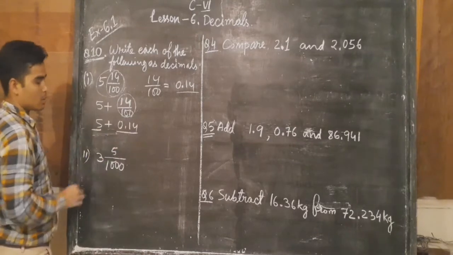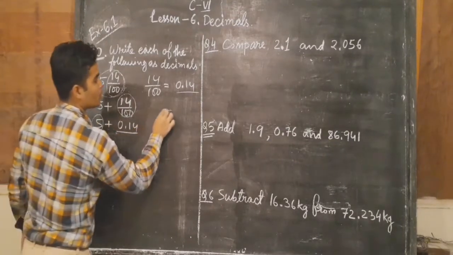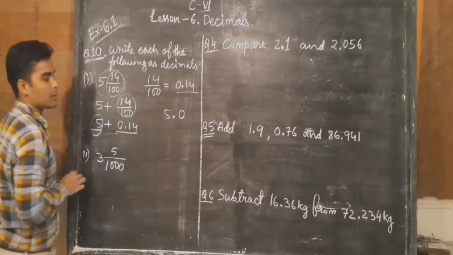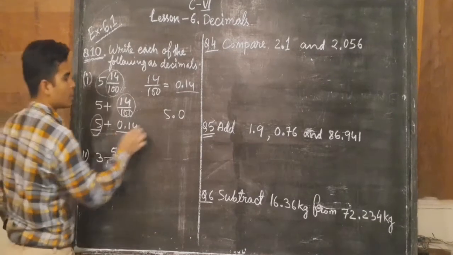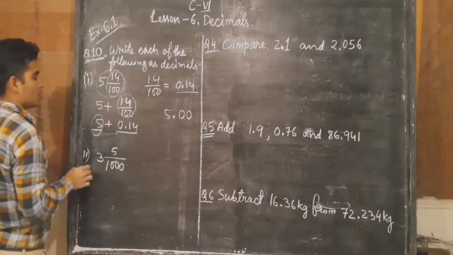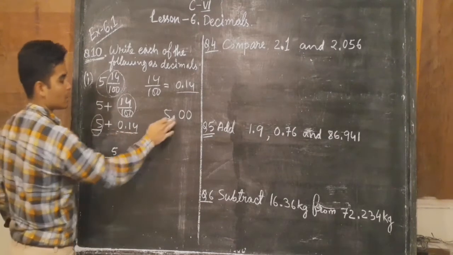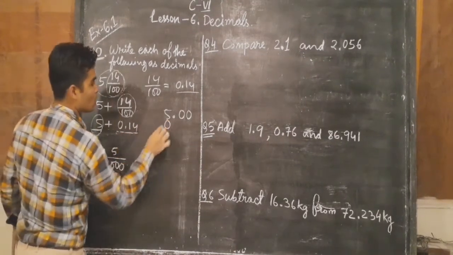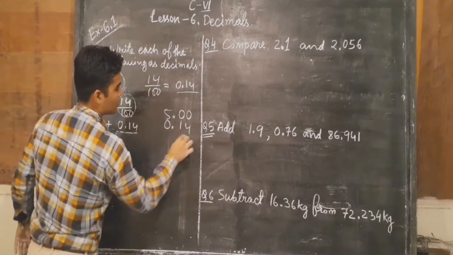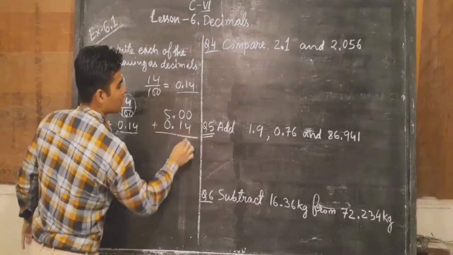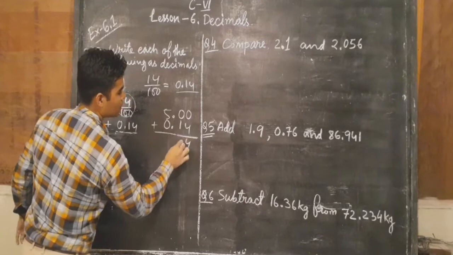To add these two numbers together, the whole number also we make a decimal number with 2 decimal places, because this has also 2 decimal places. Here also you have to make 2 decimal places. Now add the decimal number with this whole number. You can see 0 plus 4 is 4, 0 plus 1 is 1.